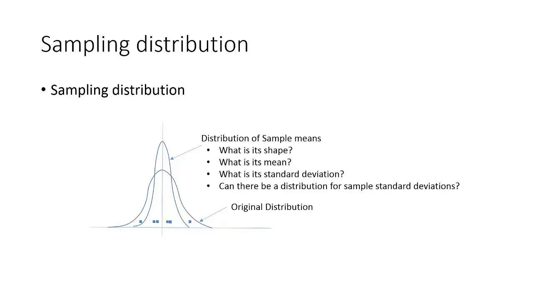But given that we've also learned about the central limit theorem, even if you start with an original distribution that is not normal, as long as your sample size is large enough, then the distribution of sample means is likely to be normally distributed. We spoke about how the mean of the distribution of sample means should be no different from the mean of the original distribution, because you're not adding or subtracting any number, you're just taking numbers and taking the average of them.